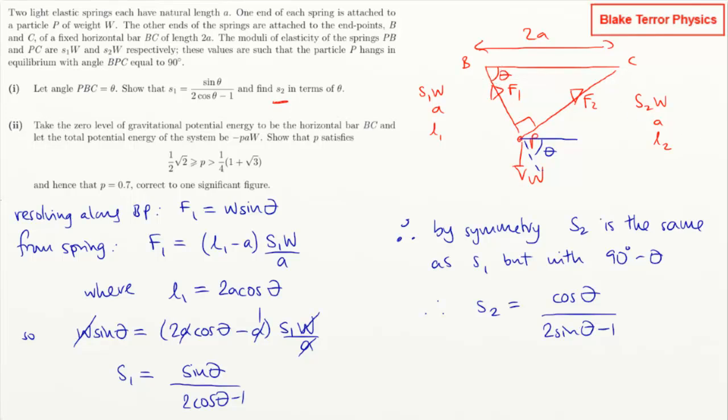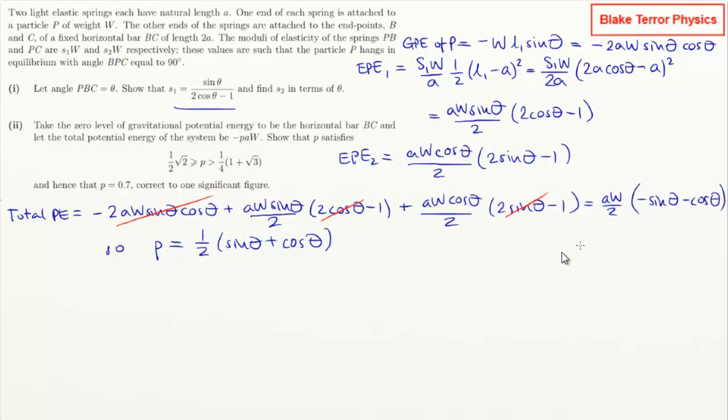So theta's got to be less than 60 degrees. Oh, I suppose it's got the other side. There's then got to be greater than 30 degrees, isn't it? Because we've got the same thing on the other side.